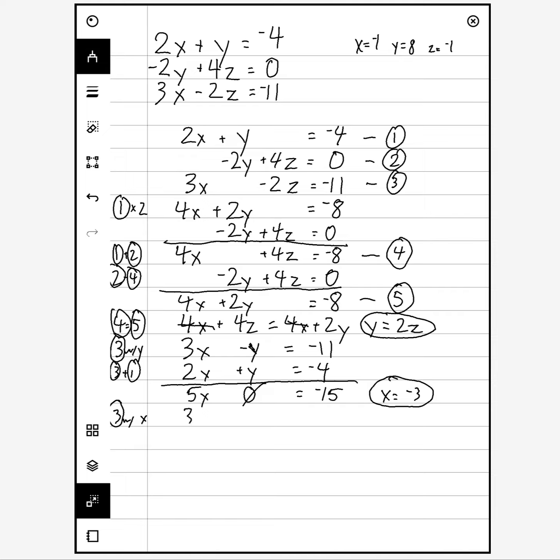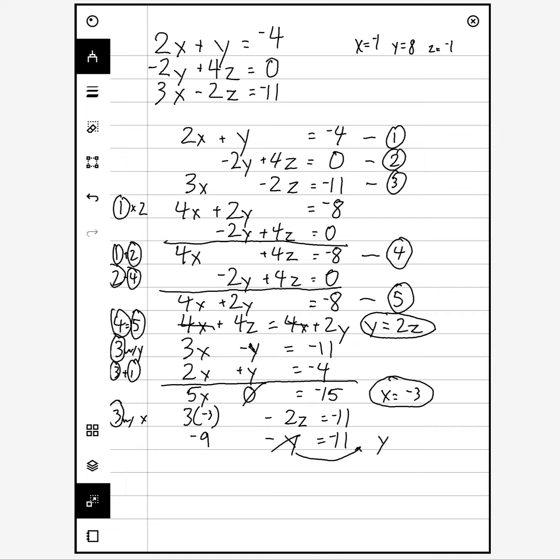So 3 times negative 3 minus 2z is equal to negative 11. Okay, so that means negative 9 minus, let's call it y, is equal to negative 11. So that means y would be going to this side, because we want to get rid of the negative, right?